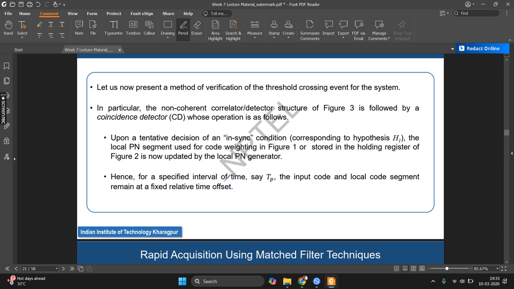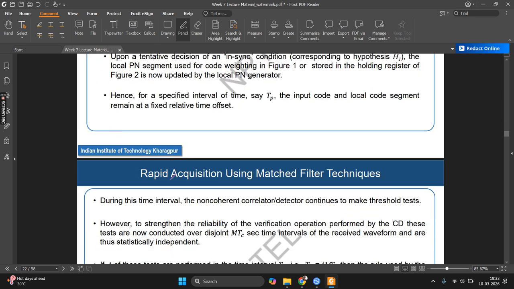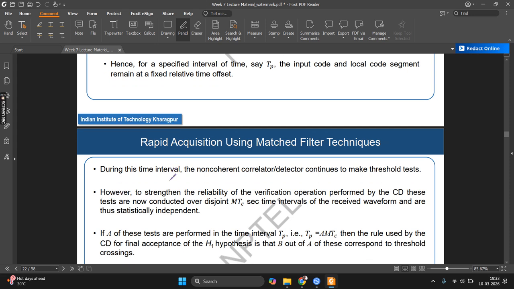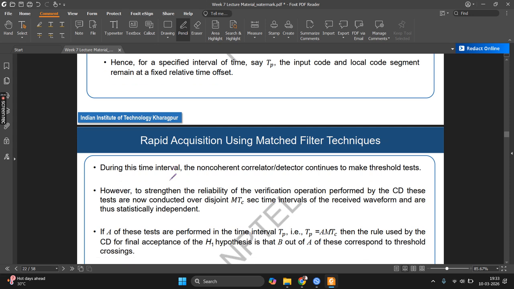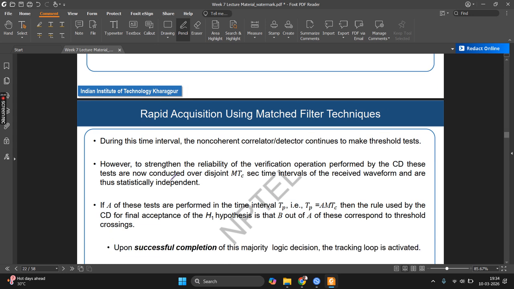Hence, for a specified interval of time, the input code and local code segment remain at a fixed relative time offset. During this time interval, the non-coherent detector continues to make threshold tests. However, to strengthen the reliability of the verification operation performed by the CD, these tests are now conducted over disjoint MTc second intervals of the received waveform and are thus statistically independent.